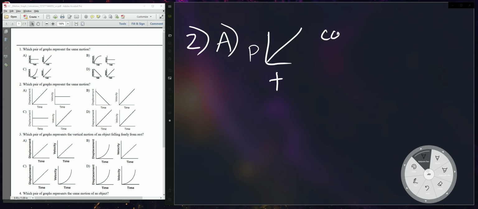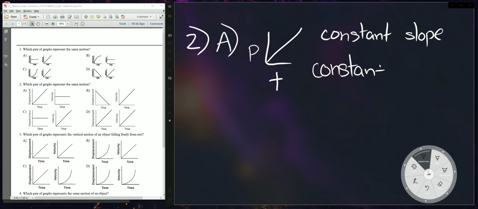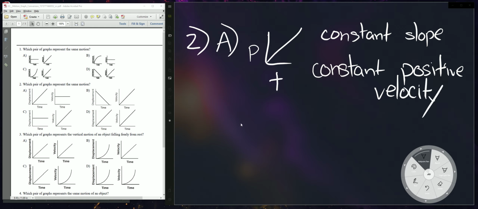It's a constant slope. It's moving forward, so we can say it's a constant positive velocity. And we have VT, that is constant velocity.